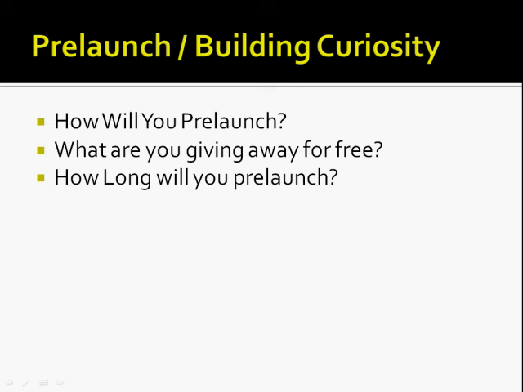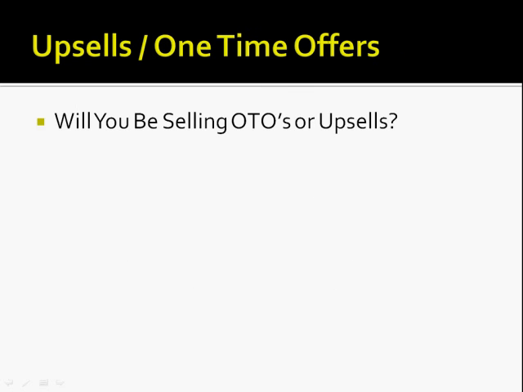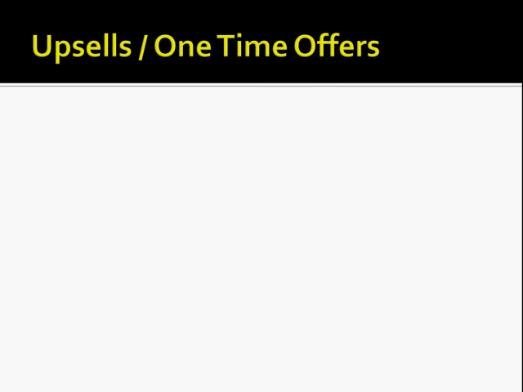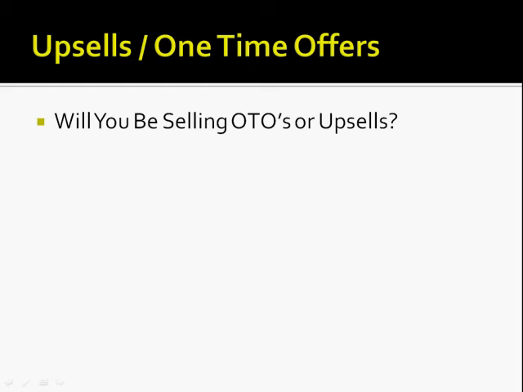Now, the last thing I want to talk about is upsells. Your front-end product could be the only product you want to launch, and that's fine. But if you don't add something called a one-time offer or an upsell, you're leaving a lot of money on the table. So an upsell, or one-time offer, usually happens after somebody buys the product.